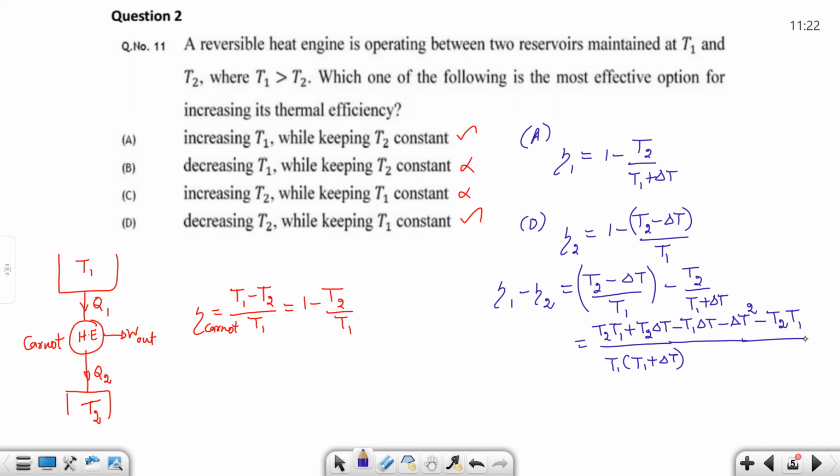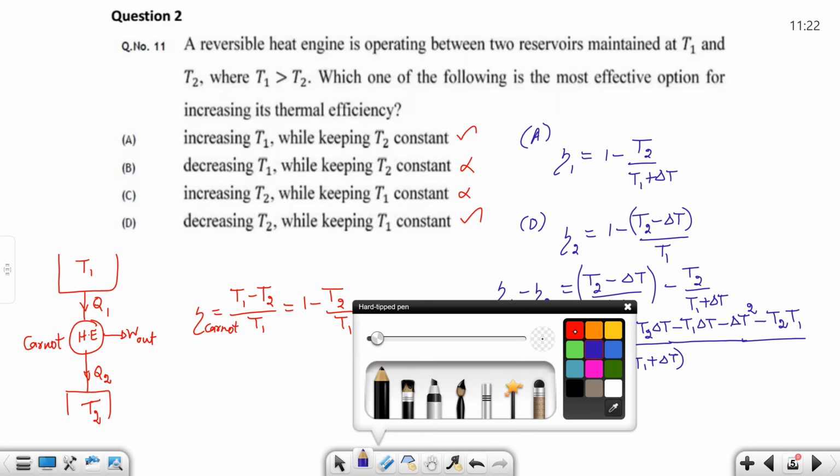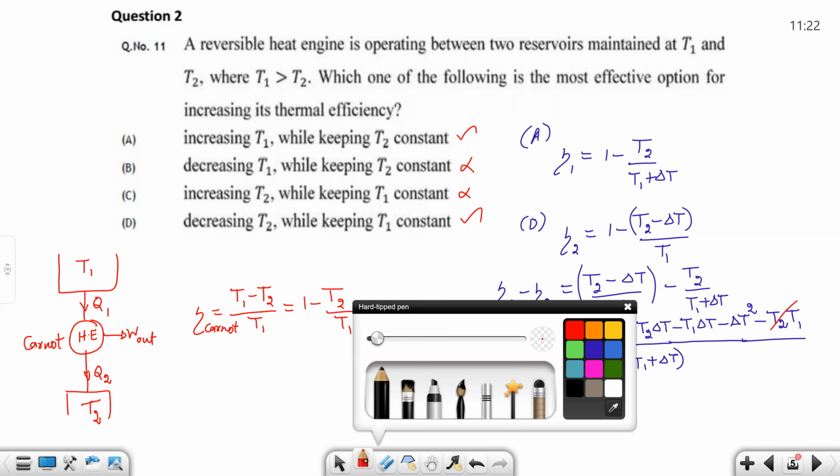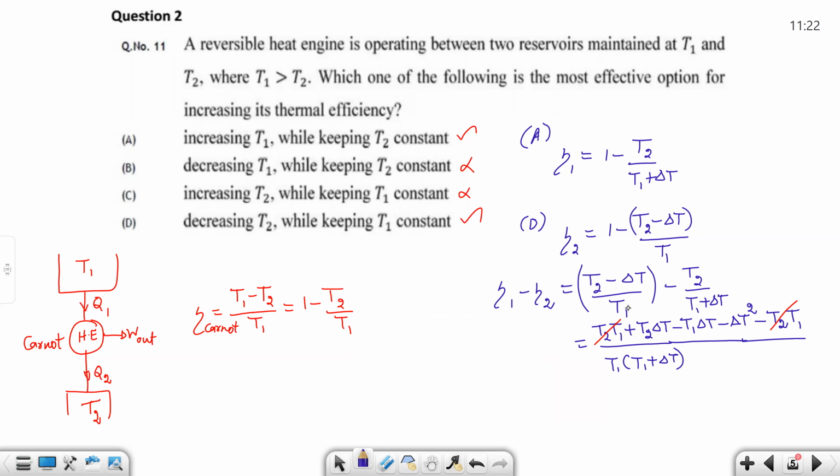If you take the LCM, the common terms will get cancelled. Delta T is a small amount, a smaller quantity, so you can neglect delta T square.